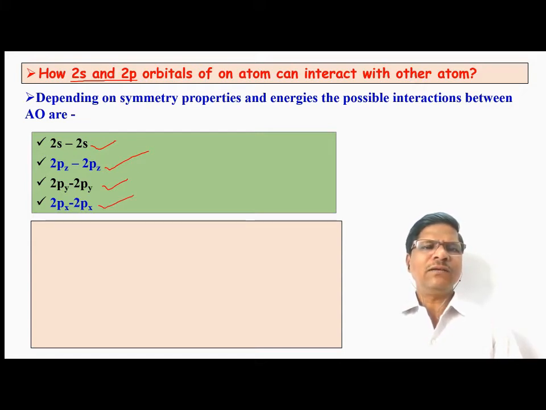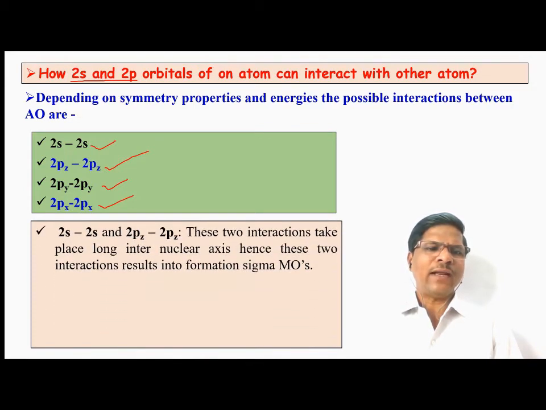So the bonding in the molecule depends on the energies and orientation of the orbitals, and for these elements similar types of orbitals interact: 2s with 2s, 2pz with 2pz, 2py with 2py and 2px with 2px. So there are four types of interaction in total and they can be categorized into two categories.